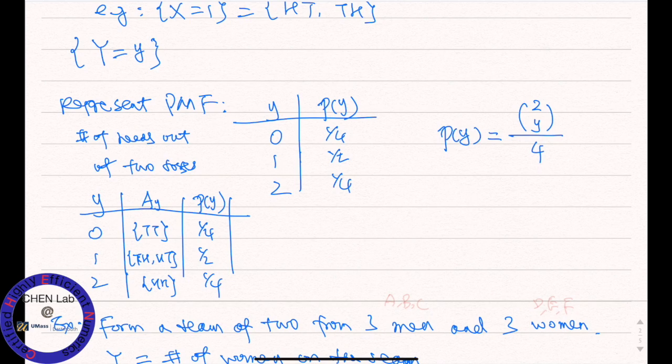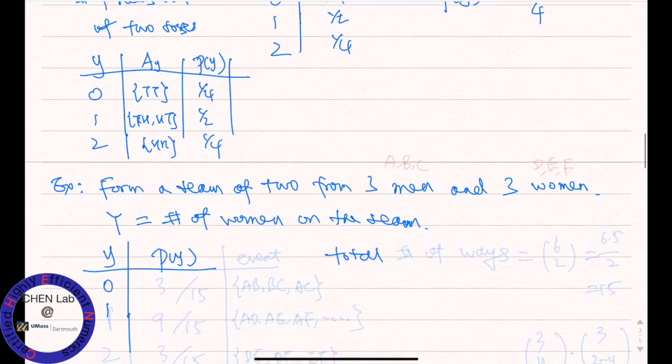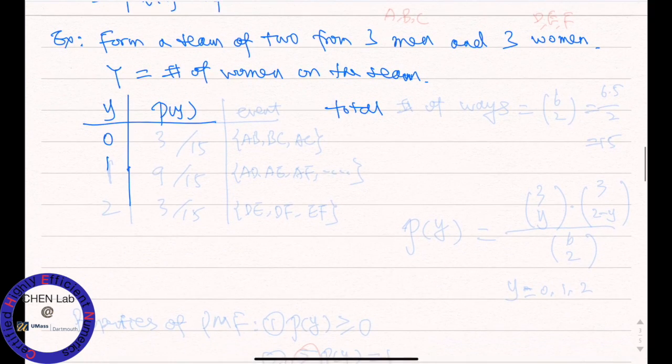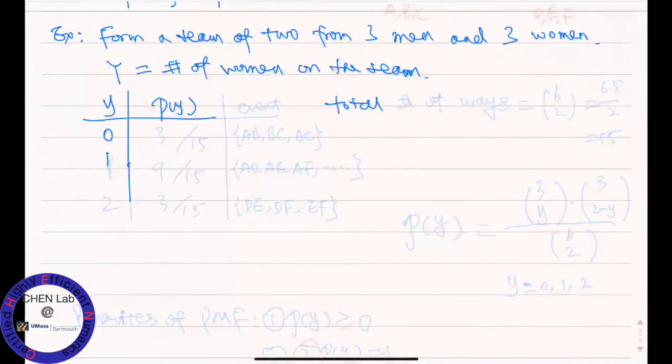which is the total. So if we are not in the process yet of figuring out what Y is equal to, right? The total number of ways to form this team is what? 6 choose 2, exactly, which is 15.